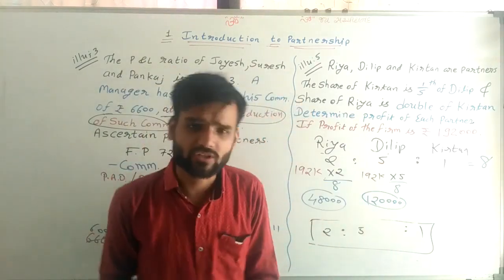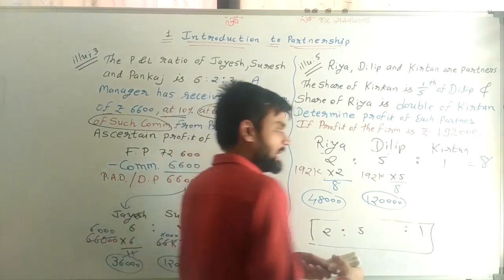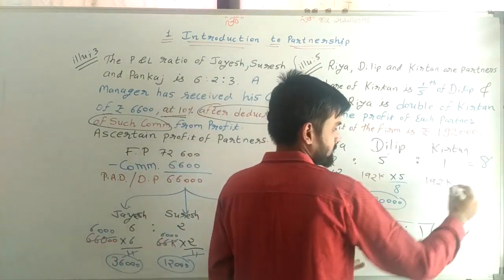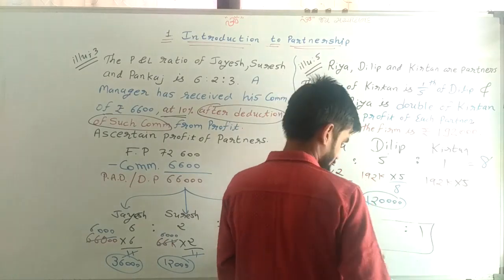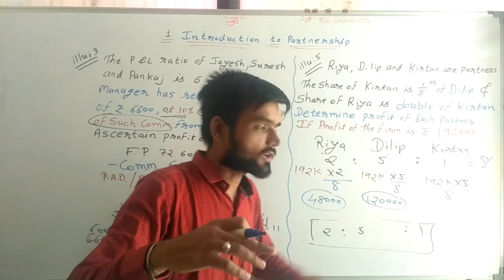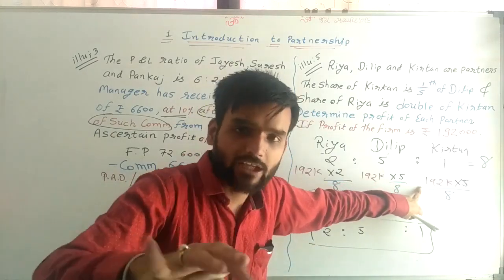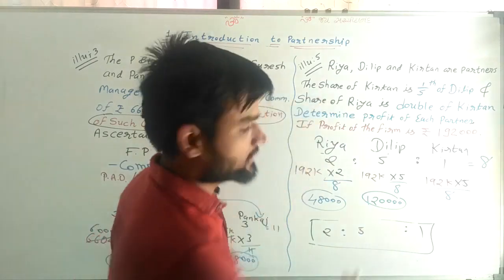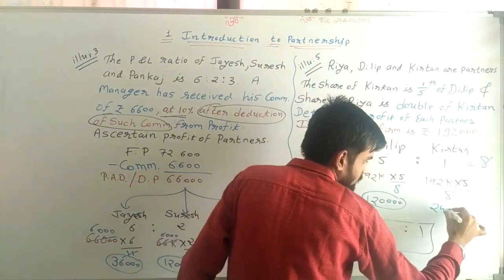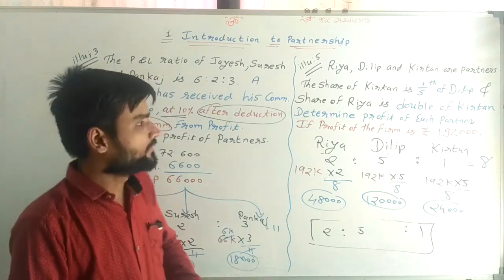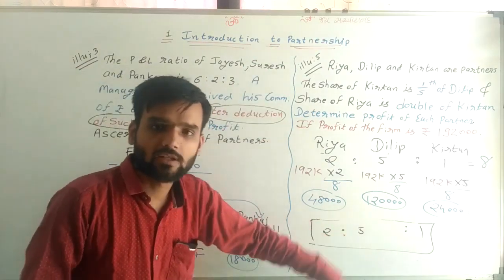And for the last partner Kirtan, calculate 1,92,000 multiplied by 1, divided by 8, and after calculation you will get the answer 24,000 rupees. So in this way we can solve this sum.